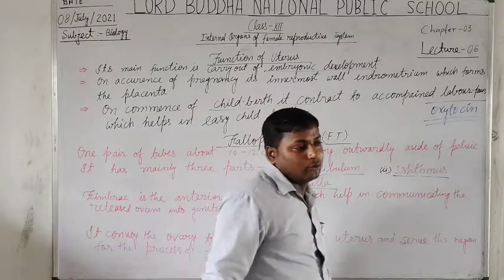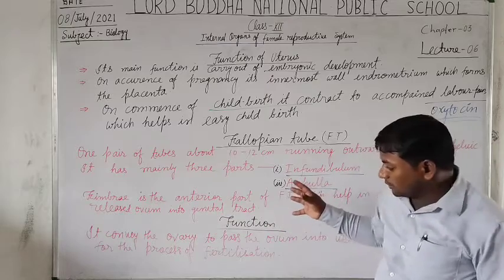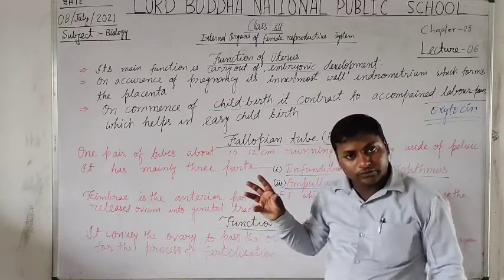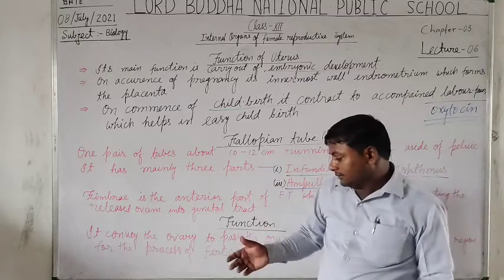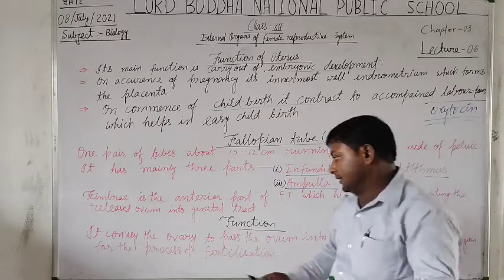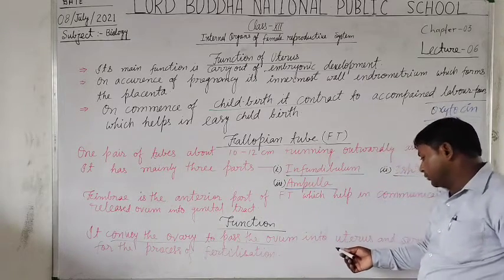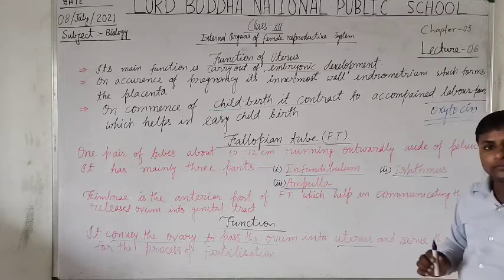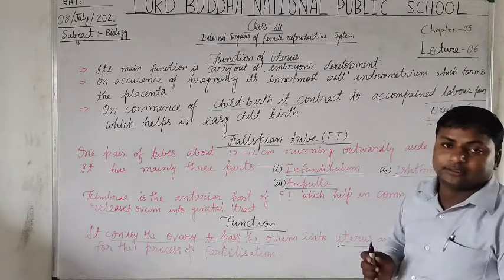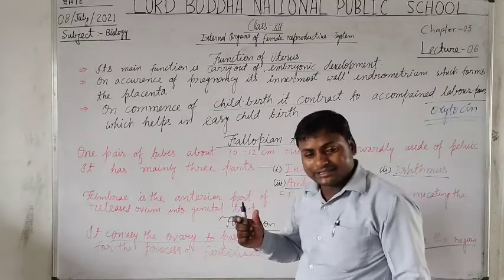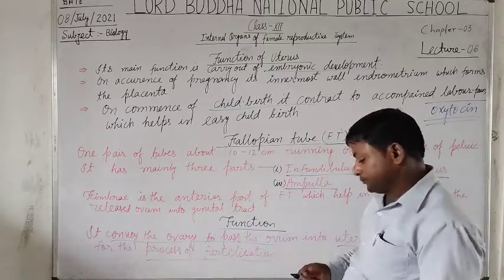So students, now we are going to discuss the function of the fallopian tube. It is clear that its main function is to convey the ovum from the ovary into the uterus and serve as the important site for the process of fertilization.